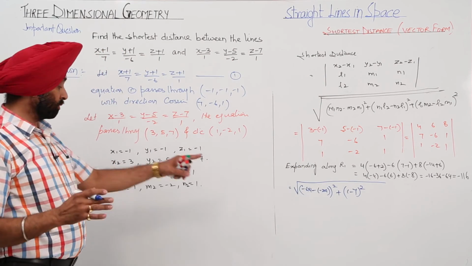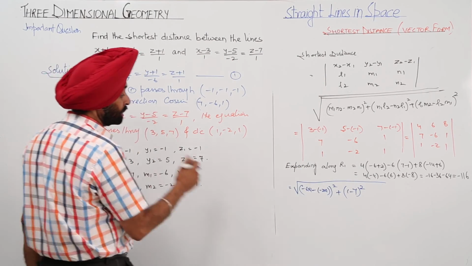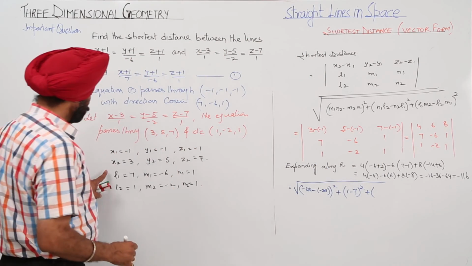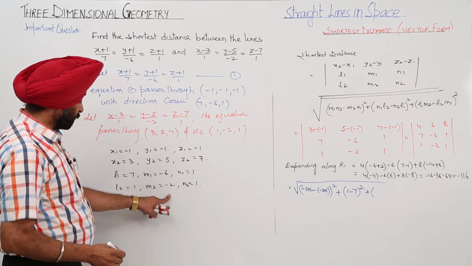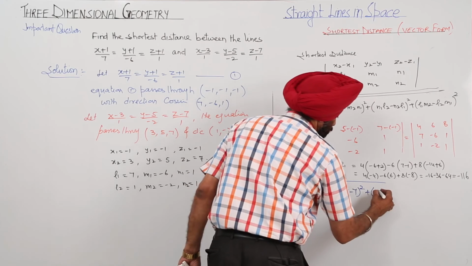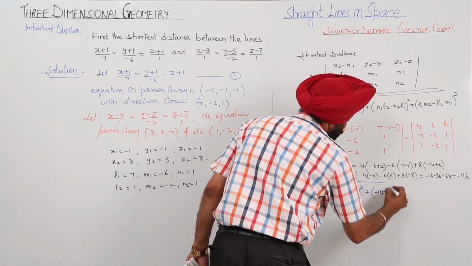Now I am just showing you how to do it directly. And third, plus l1 m2 minus l2 m1: (-14 + 6), its square.